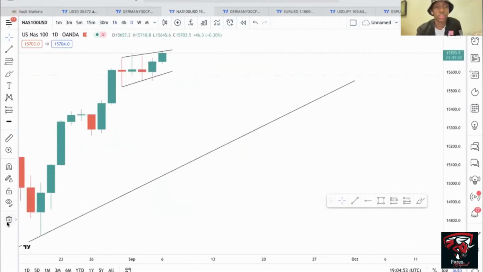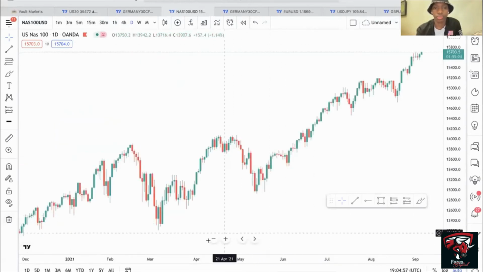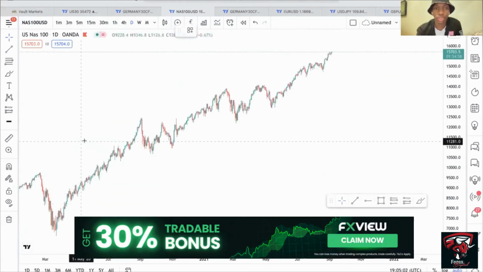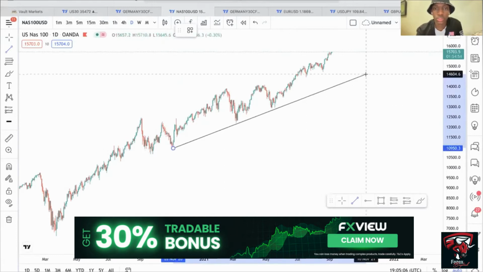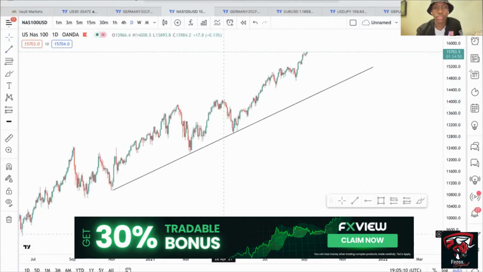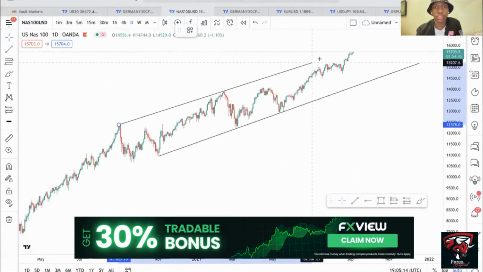NASDAQ. This thing isn't the same anymore. So guys, as I said, you connect your trend line on the lows, let me just zoom in a bit, on the lows and then on the highs.